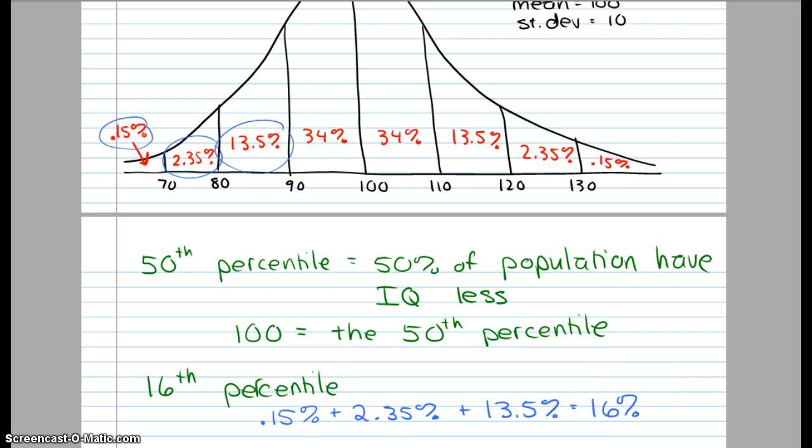Therefore, 90, the horizontal coordinate, is the 16th percentile.